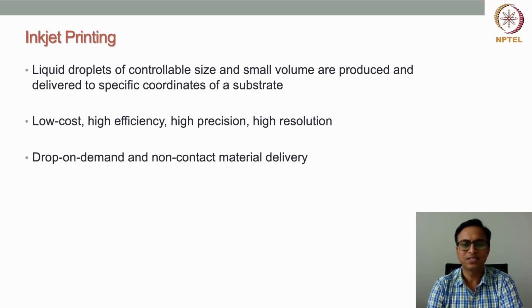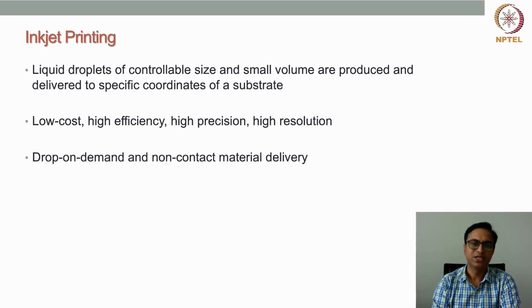So in this printing, what happens here? Basically, liquid droplets are produced, of controllable size and small volumes, and then those droplets are delivered, positioned or printed at specific coordinates of a substrate or on a printing stage. The main principle of this technology is the production of tiny, controllable size liquid droplets, right?